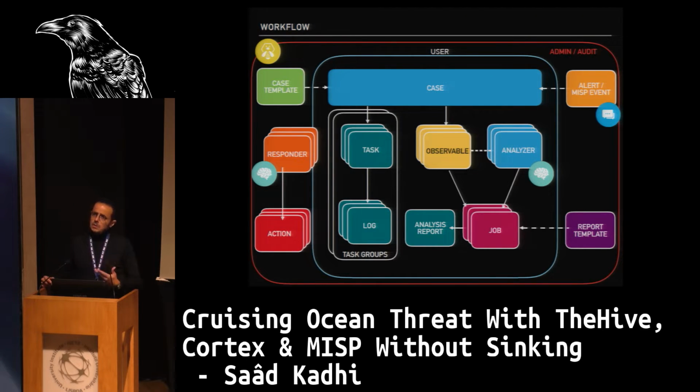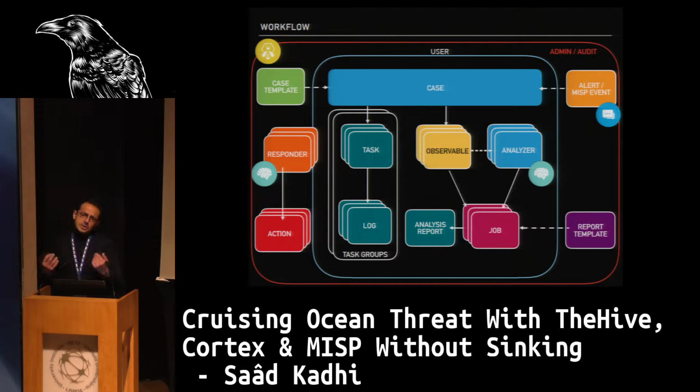Once you start a case, you create tasks. For example, you have a task called identification, a task communication with my constituency, a task reverse engineering the malware, a task recovery or lessons learned, and so on. You can group those tasks with task groups. So for example, I have a group called communication, and I have a task internal communication, another task external communication, and so on.